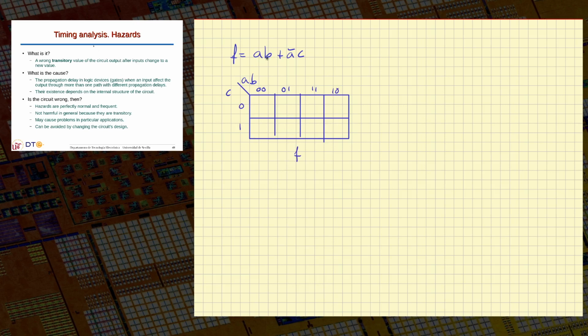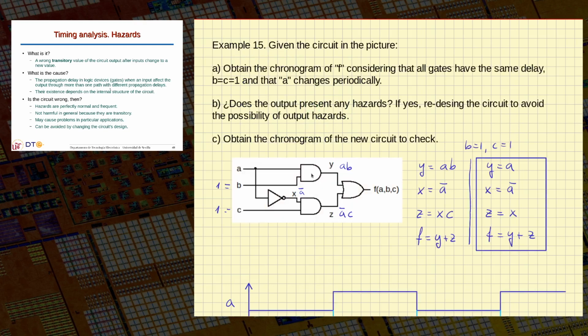And my terms are AB, which is A 1, B 1. Okay, my function has this term here. This is one AND gate doing this operation here. Okay, that corresponds with this AND gate here.